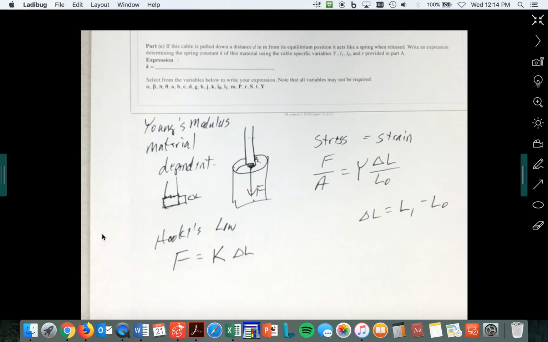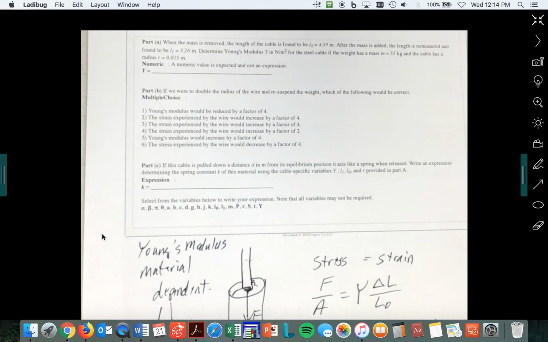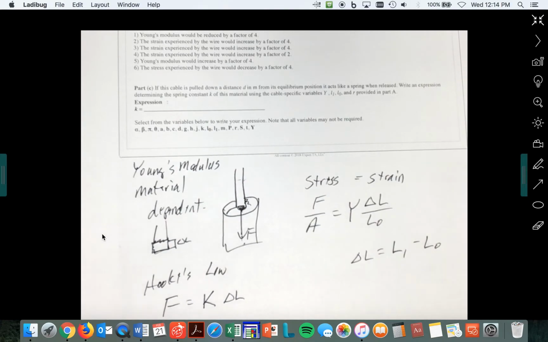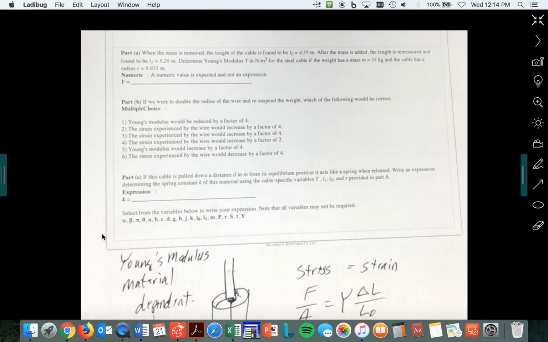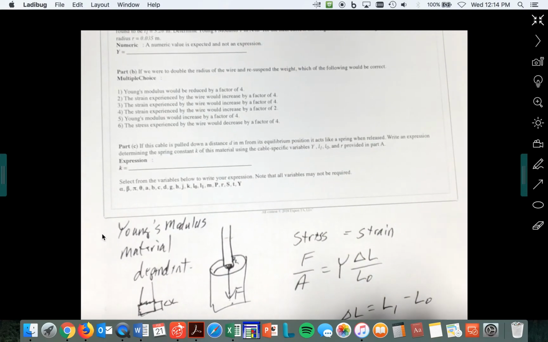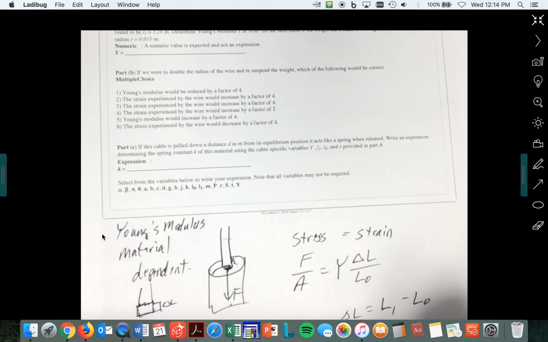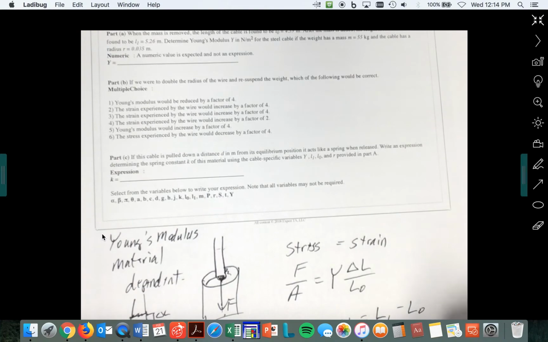All right, so here we go. And we discovered something very interesting in class, which I thought was pretty good. What's given here? We know that L naught is equal to 4.59 meters. We know that L1 is equal to 5.26 meters.